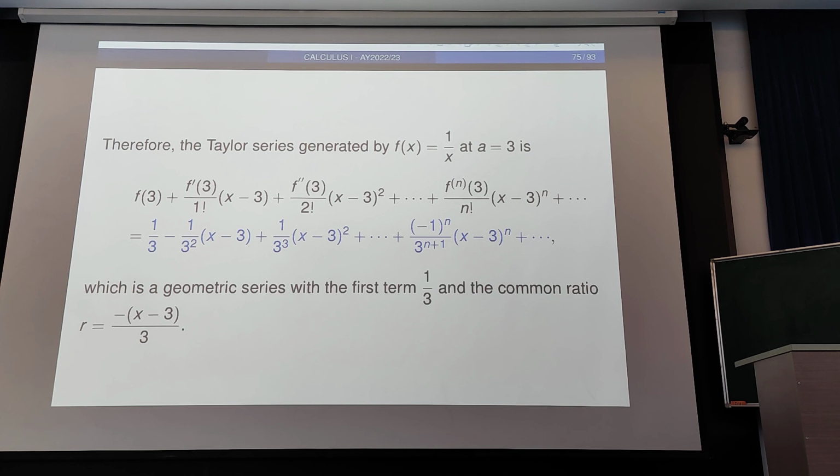It doesn't mean the Taylor series converges to the given function. We only use the derivatives of f at a to define a power series, but that series might not converge to the function f. You should be very careful with this definition.